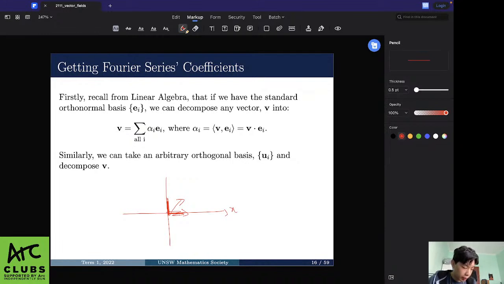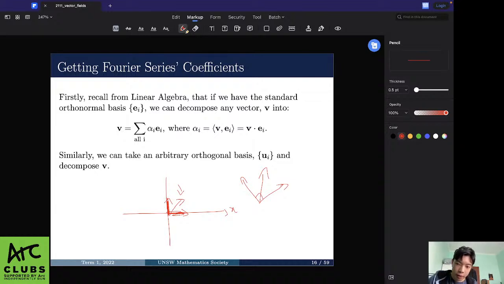So this might be how we find our coefficient for our vertical basis vector. Well, in the same way, if we have maybe this as our basis, which is perpendicular, and maybe a vector right here that we're trying to find in terms of these bases, what we see is that what we did was find the projection of this vector onto our basis vectors.